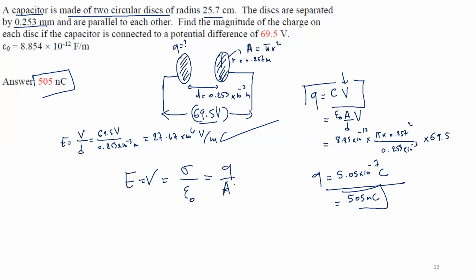Q divided by A, divided by epsilon naught. So Q will be just epsilon naught A multiplied by E. And this is the same thing, by the way. This gives me epsilon naught A multiplied by E, which is V divided by D. This gives me epsilon naught A divided by D, times V. This is capacitance times V, and it will of course give you the same answer.